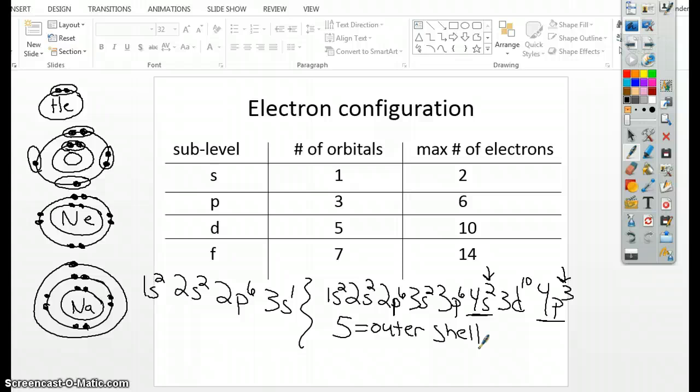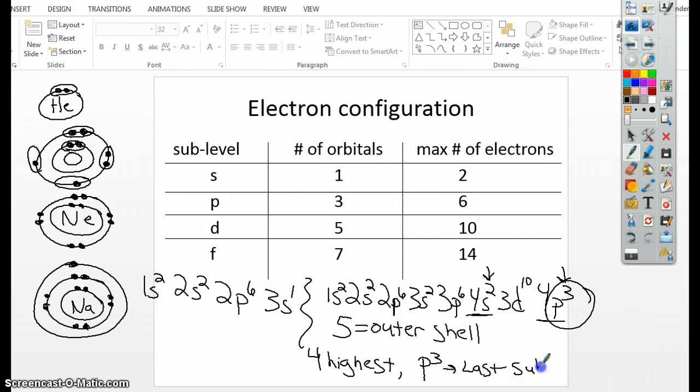To find the element, you look at the highest energy level written down, and then you look at the last sublevel you wrote down. And you need your periodic table.